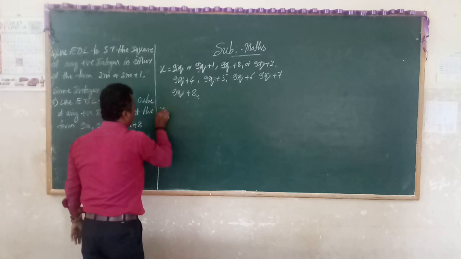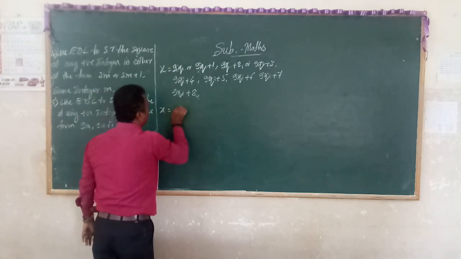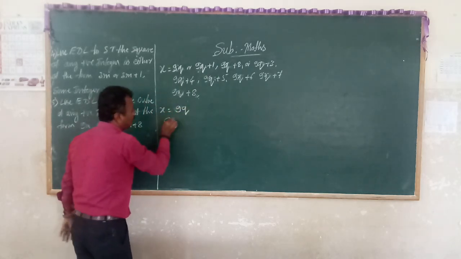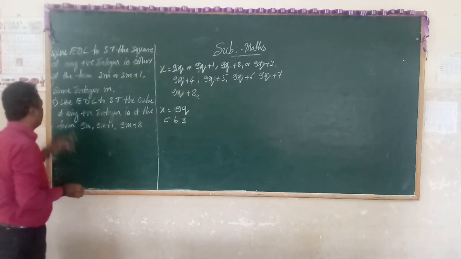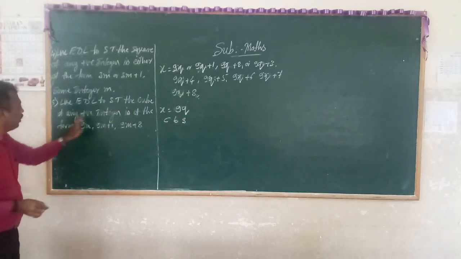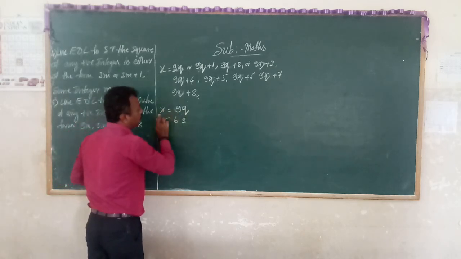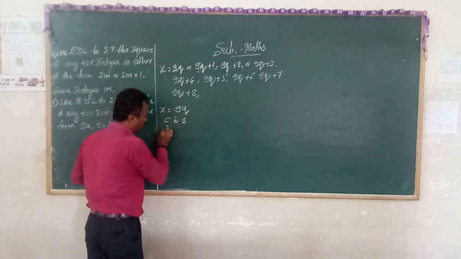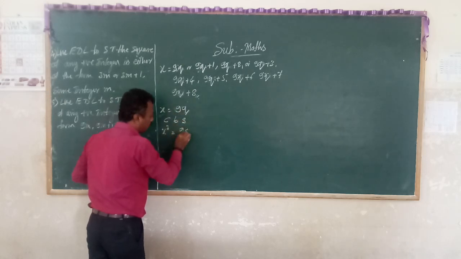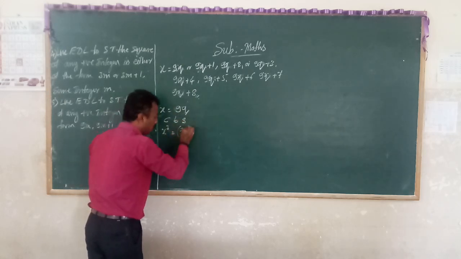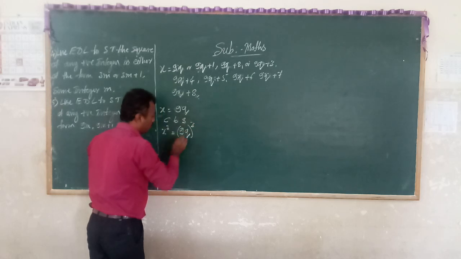Okay, let us take one example. x is equal to 9q. Here, cubing on both sides. Because we use the lemma to show the cube of any positive integer. So, I will cube both sides. So, x cube is equal to 9q whole cube.